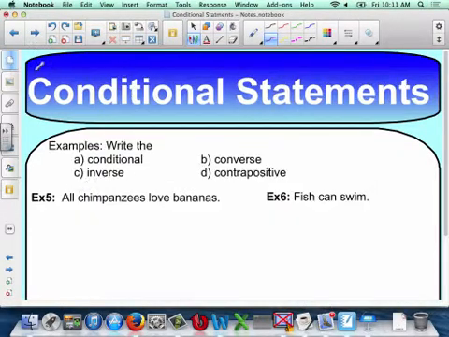So let's take a look at this in action here. We take a look at number 5. All chimpanzees love bananas. Now, we're not saying this is a true statement. We're just playing around with the statement for a little bit here. Okay, all chimpanzees love bananas. So, part A. What would be my original conditional statement?